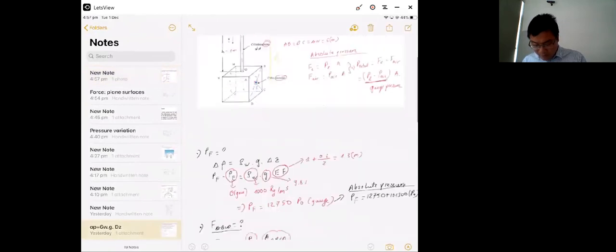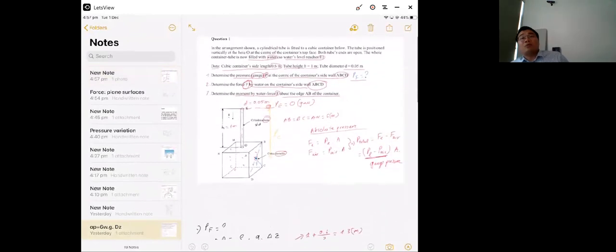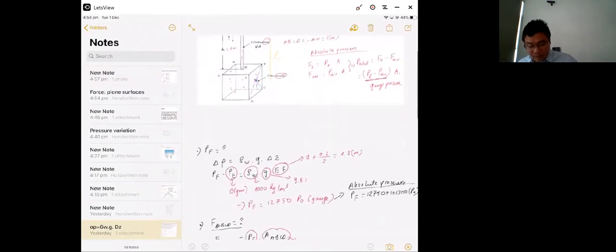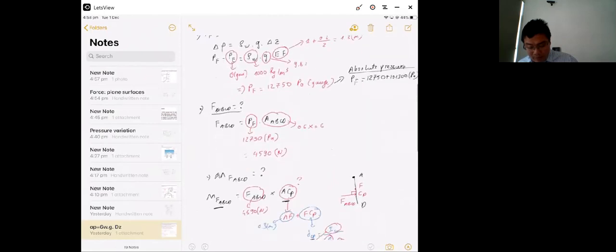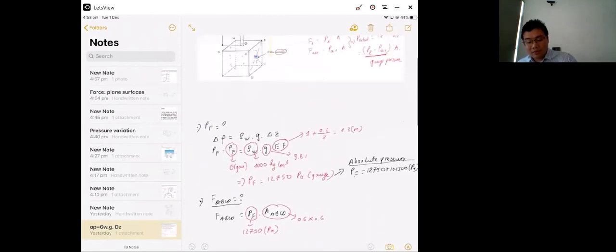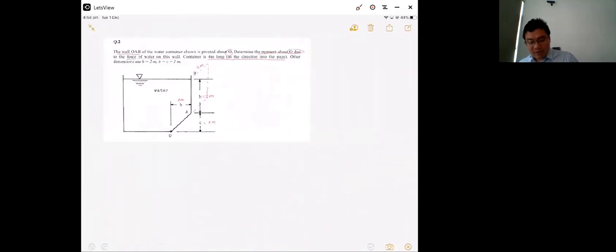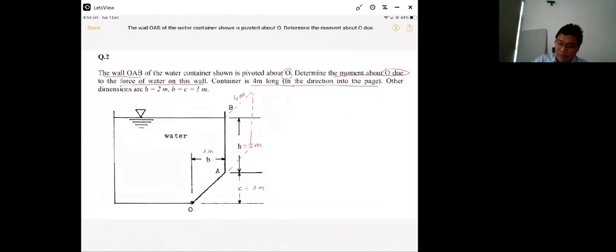Okay, this one is a question from yesterday, a question in the quiz, autumn semester 2018. And we have the moment, the last question. Moment equals force times the distance from the force to the pivot. Okay. So in this one, you have to find the moment.